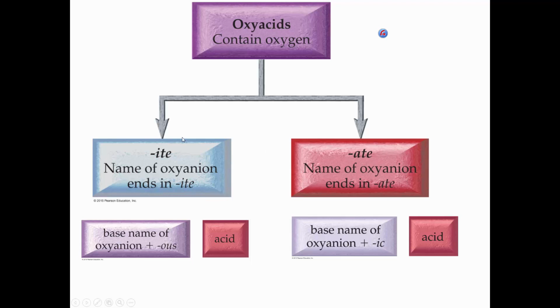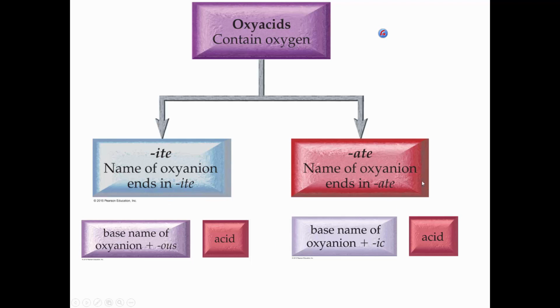If they end with ITE, we use this naming system. If they end with ATE, we use this naming system. So something ending with ITE, you would have the base name and end it with ous, and then have the word acid. So for example, if you had nitrite, you would have nitrous acid.